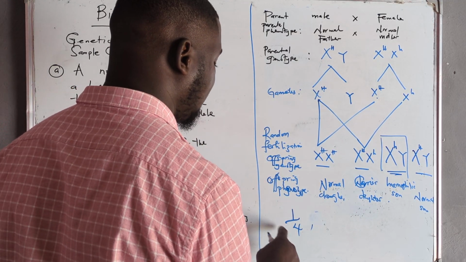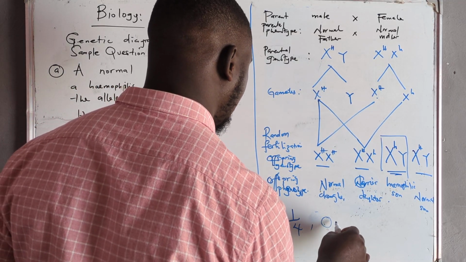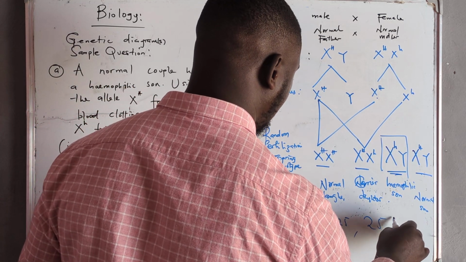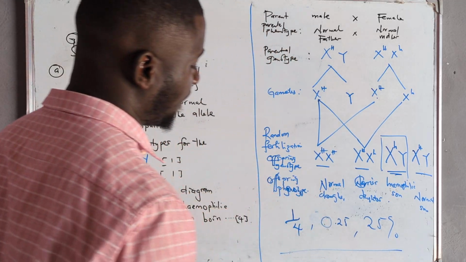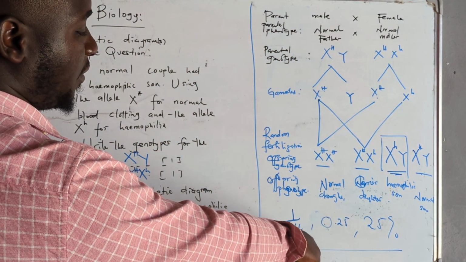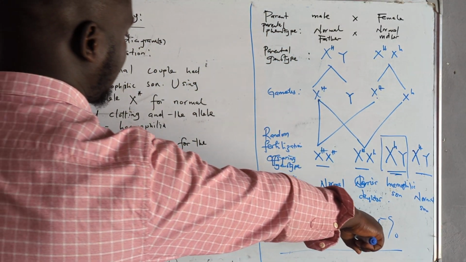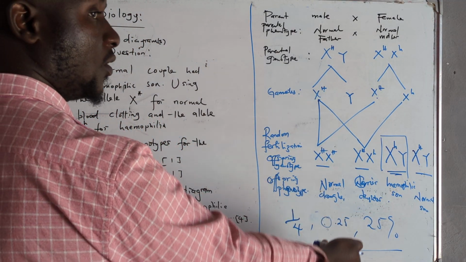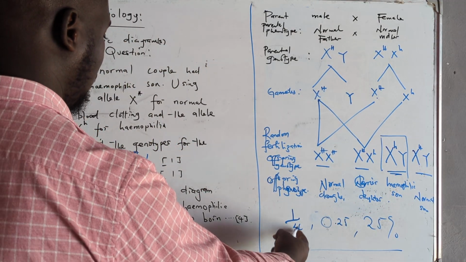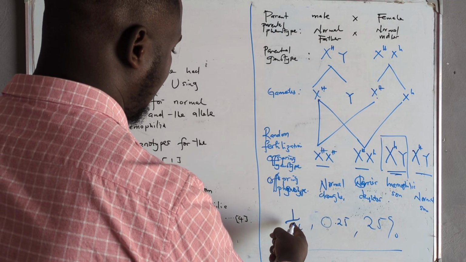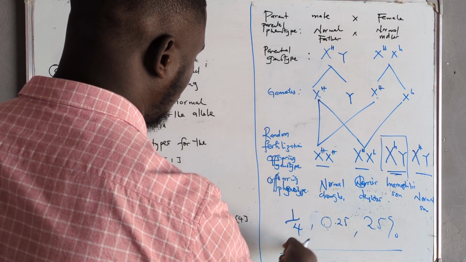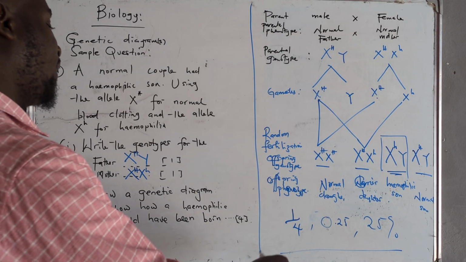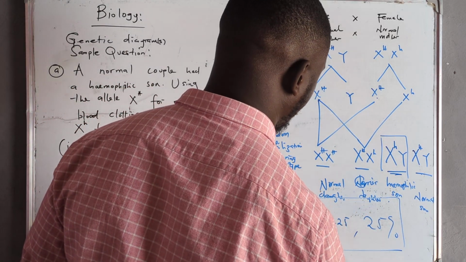You can also present this in form of decimals, and in form of percentages, it's going to be 25%. Since when you multiply this by 100, 4 goes into 25 times, and you get that. Then to decimals, 4 into 10 is 2, and into 20 it's 5. So now you explain using the figures that you have here.